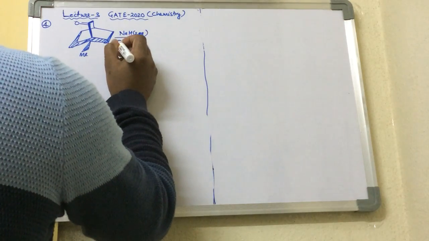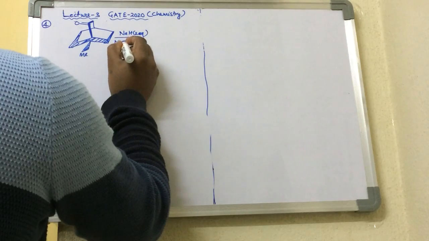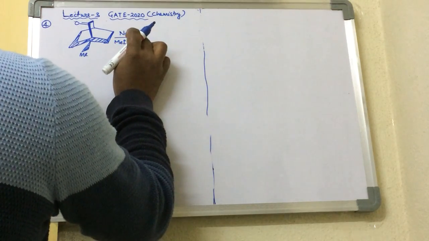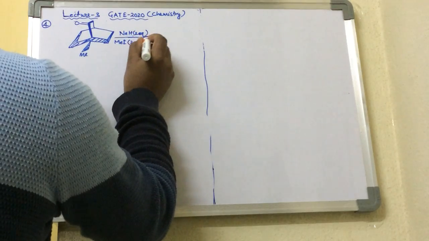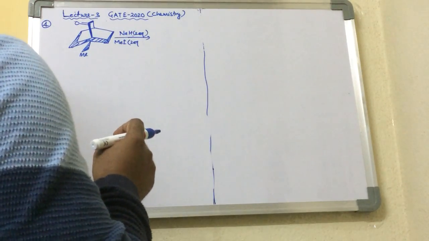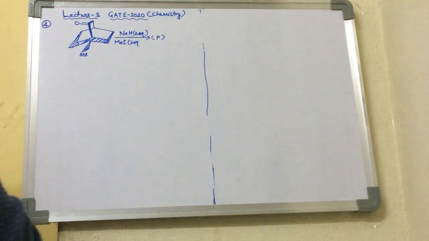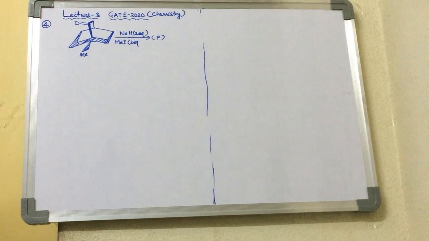Okay, and methyl iodide also given 2 equivalent. Okay, so here asking the product. So product we have to see in this direction according to the numbers of peak exhibited by the major product.